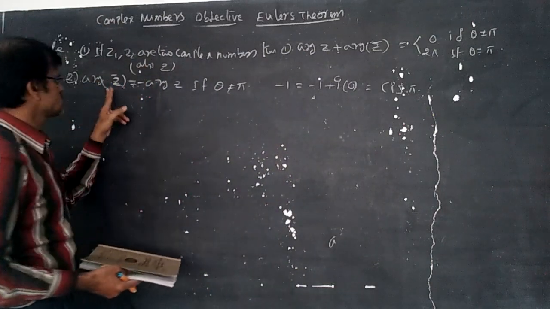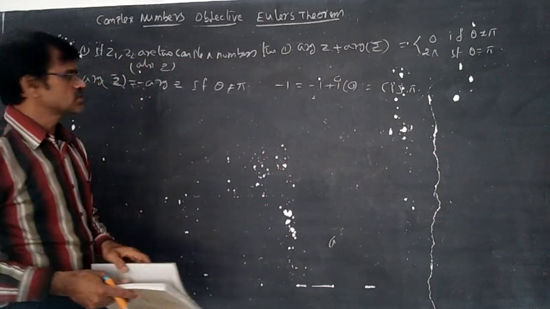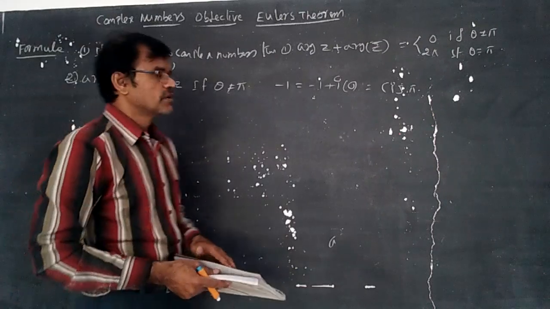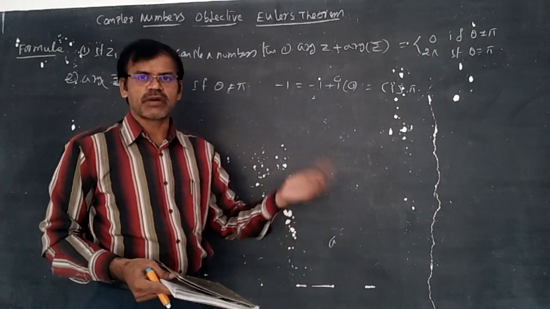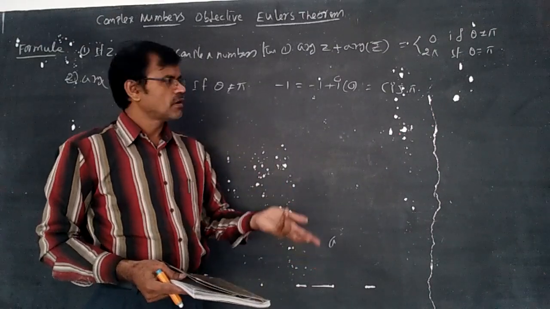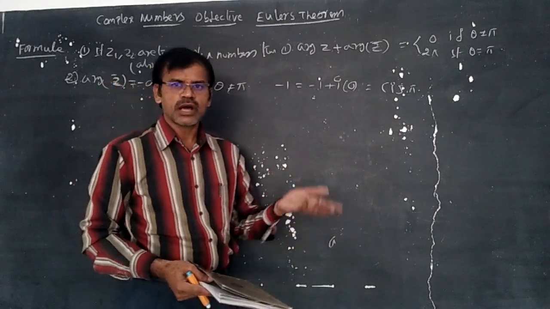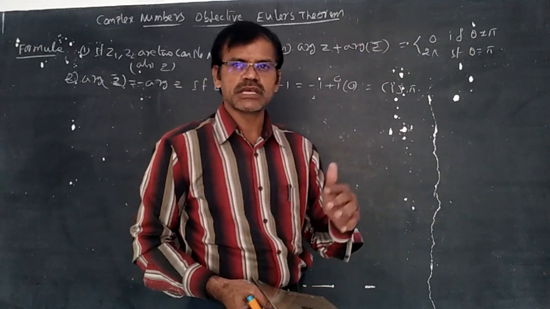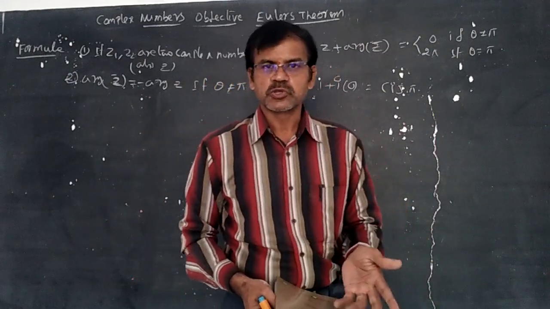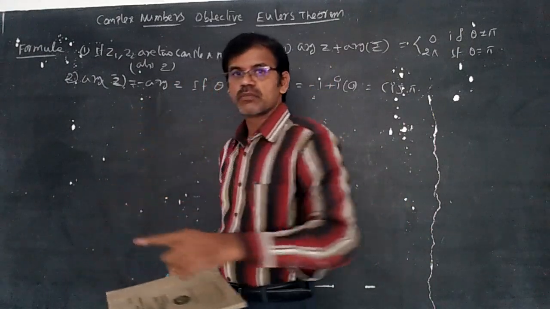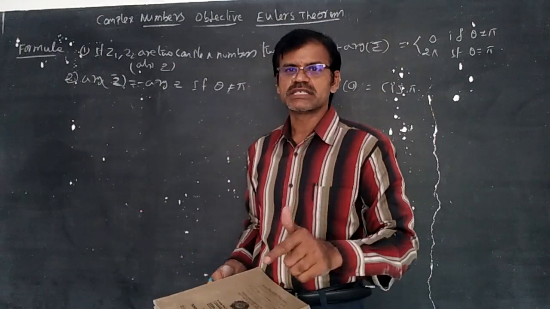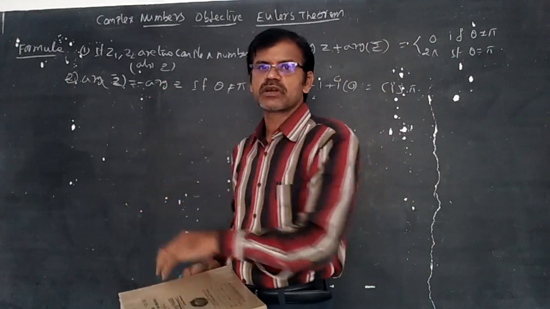But in all other cases argument of z bar is equal to minus argument of z. Example, take i and minus i. The argument of i is pi by 2 and the argument of minus i is minus pi by 2. i is a complex number and minus i is its conjugate. So argument of z bar, meaning argument of minus i, is nothing but minus argument of i.